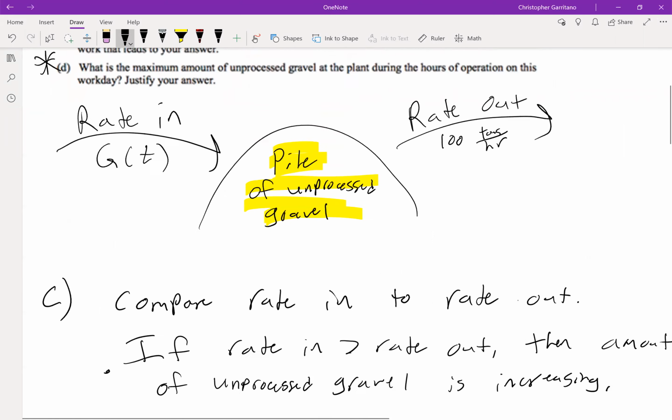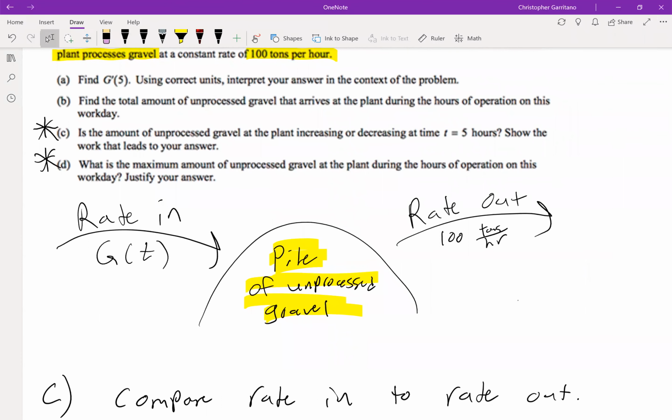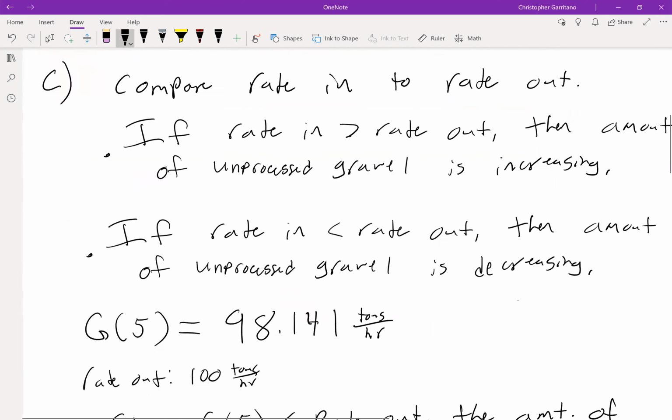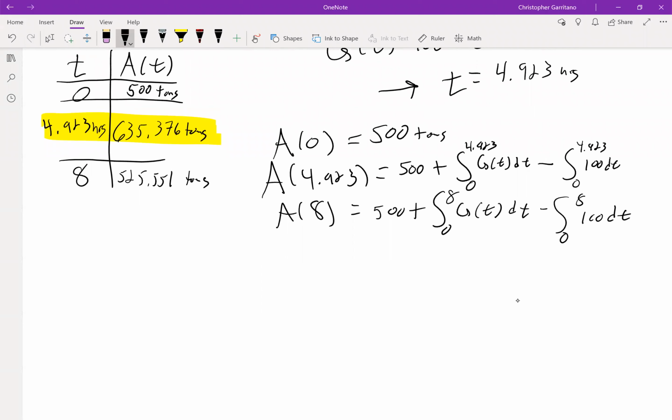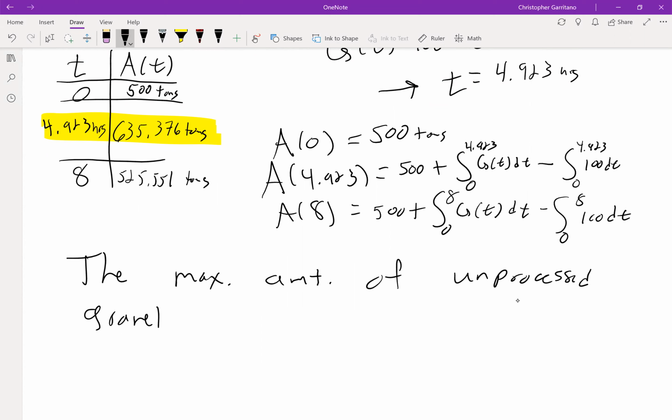Let's see exactly what they were asking. They're asking for what is the maximum amount of unprocessed gravel. So our final answer would be the maximum amount of unprocessed gravel is 635.376 tons.